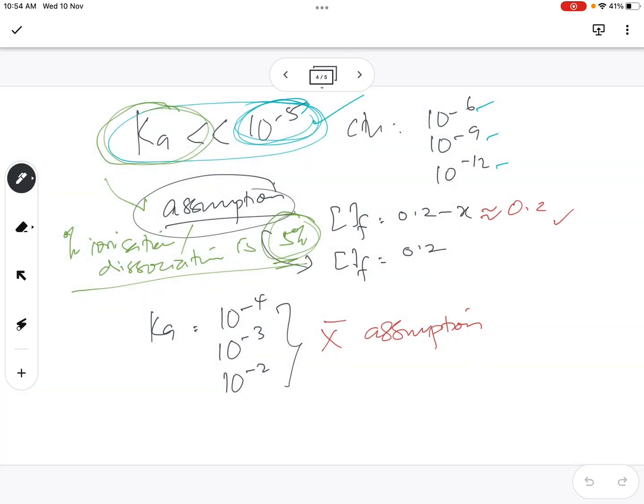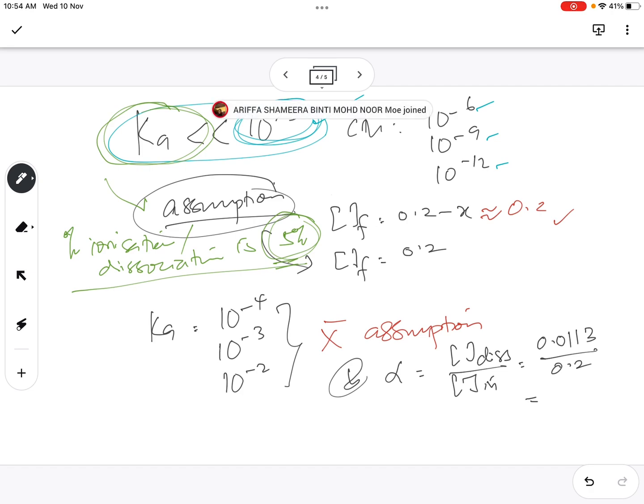Okay, finally, the degree of dissociation. Question B asks us to calculate the degree of dissociation. So alpha is the amount dissociated divided by the initial amount. The amount dissociated is 0.0113, the initial amount is 0.2. Let's check.